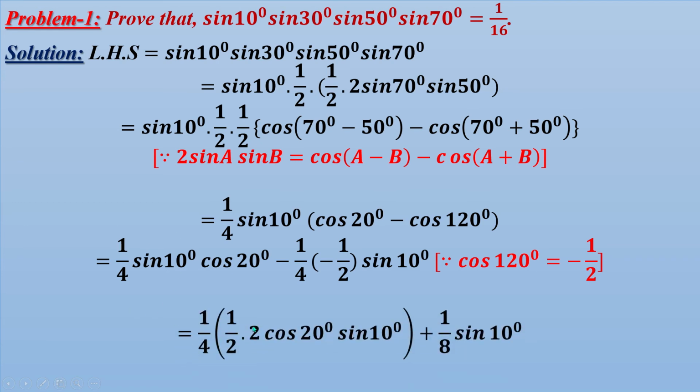Okay, now follow this. 1 by 4 into 1 by 2, and for making the formula we have to take half here. As a result, here will be 2 cos 20 degree into sin 10 degree, and here plus 1 by 8 sin 10 degree.